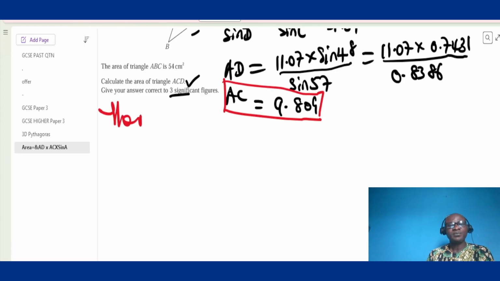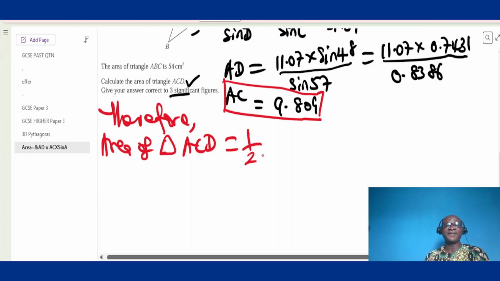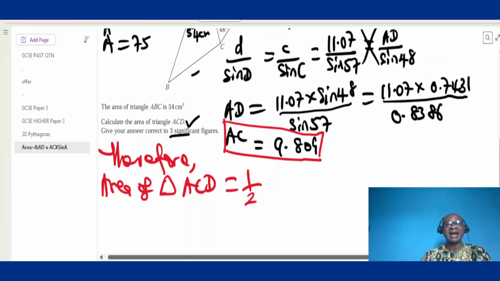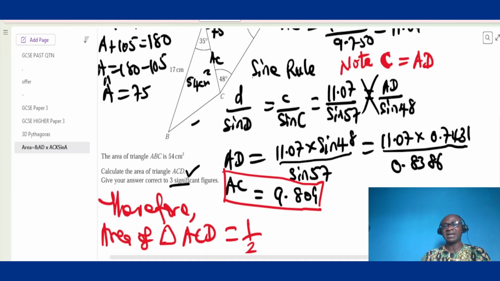Therefore, we now come to what they want us to find. The area of triangle ACD will now be given by the formula half. Let's go back to the diagram that we are given. Half, you now look at it and see what I want to pick exactly.